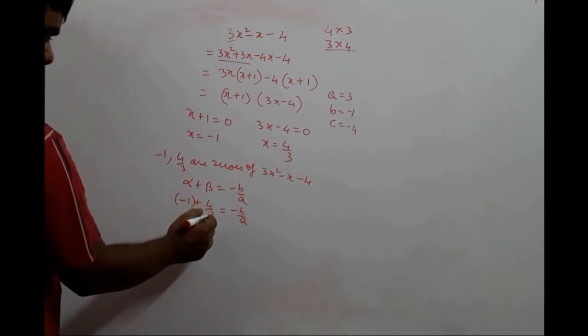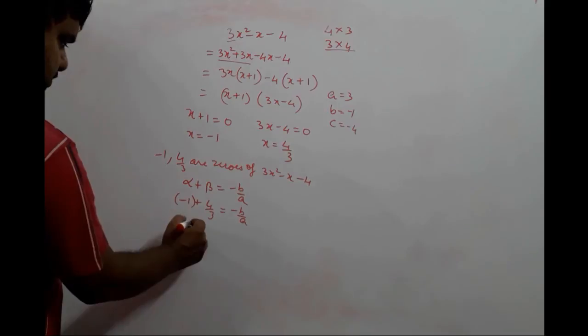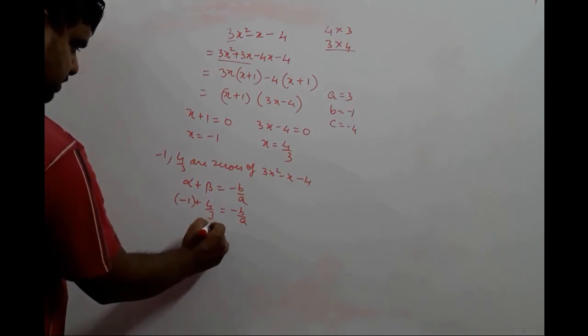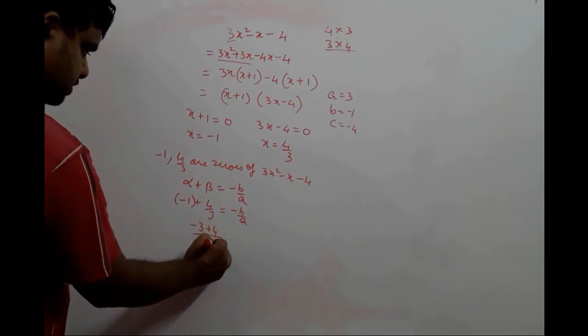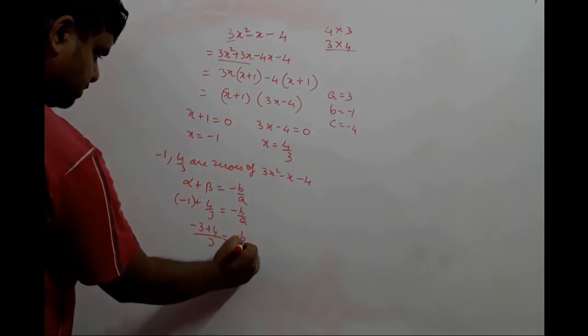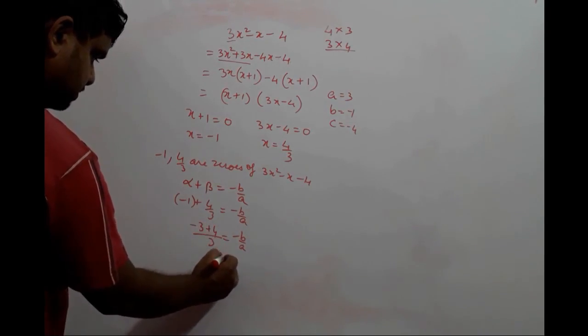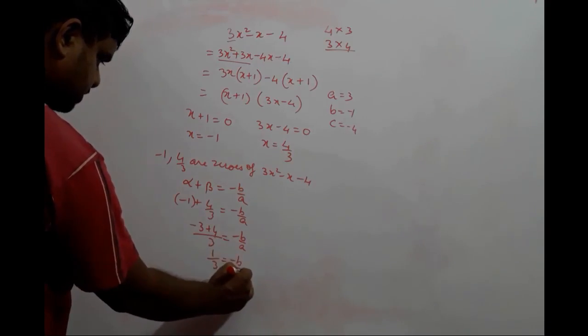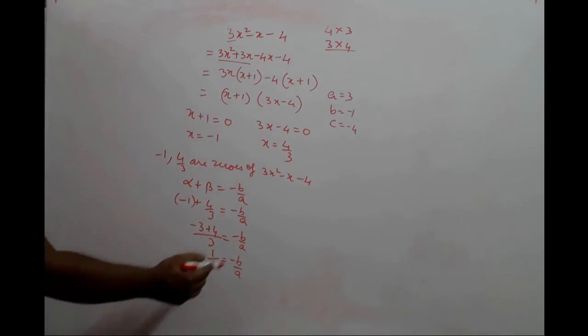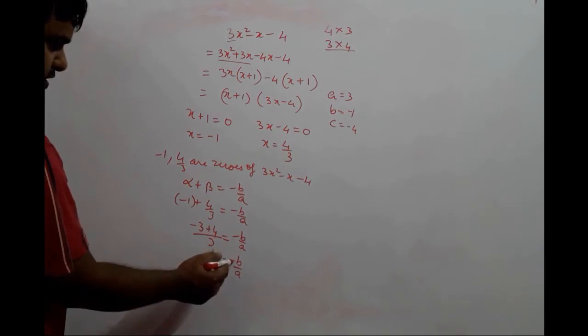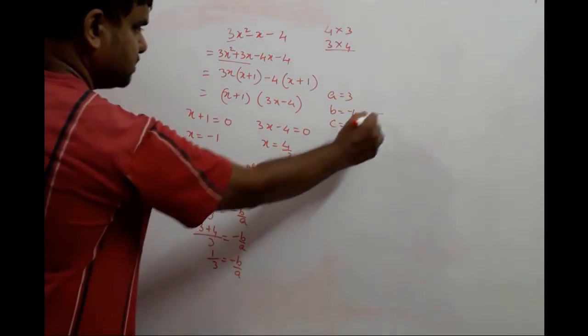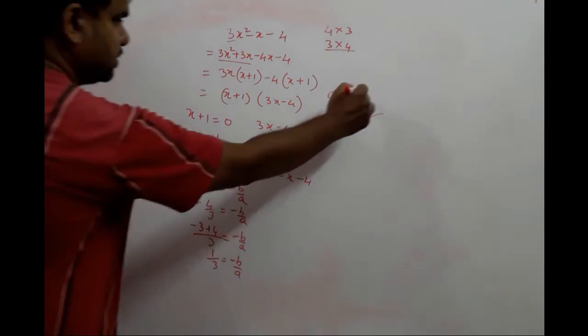So in taking LCM, we multiply this with this. So we'll get minus 3 plus 4 upon 3 equal to minus b upon a. So minus 3 plus 4 we get 1 upon 3, equal to minus b upon a. So over here b we get as minus 1, since the negative sign is over here, that establishes this. A is equal to 3 and we get this.